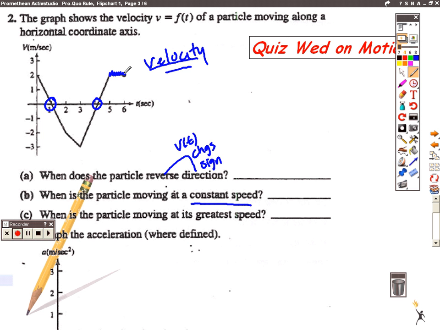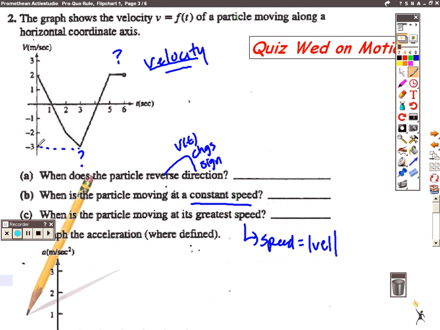When is the particle at its greatest speed? Speed is the absolute value of velocity. So again, I am looking for the place on the graph that is the furthest away from the x-axis. So the candidates are, that looks like it could be the furthest away, or possibly up here. So now let's compare those values.